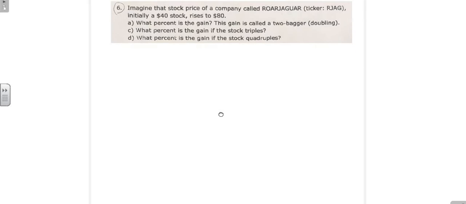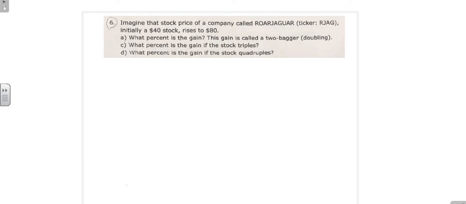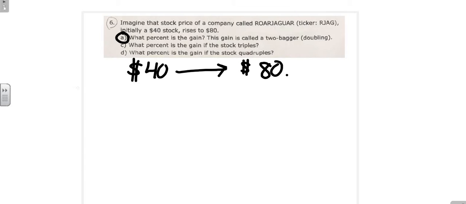Okay, here's another stock price problem. Imagine the stock price of a company called War Jaguar. Initially, $40 stock rises to $80. So once again, it was at 40 and it rises up to $80. So it is asking, what is the percent gain?